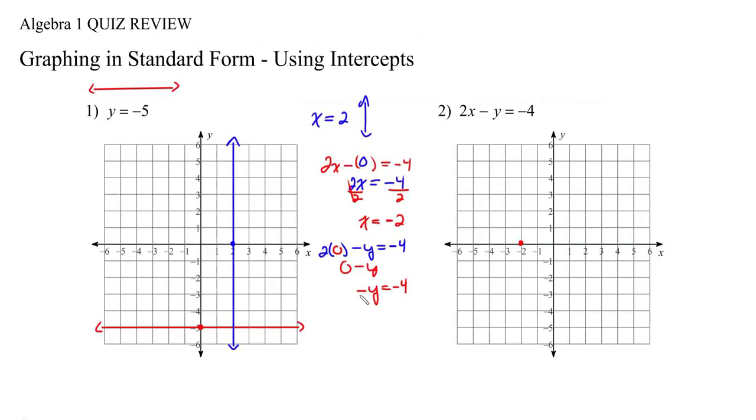And remember, we don't want that negative. Remember the invisible 1 here, right? So we're just going to divide both sides of this by -1, and we get y equals +4. So now we come over to the y-axis and we put a point on +4. Then we just take our straight edge and we draw our line.